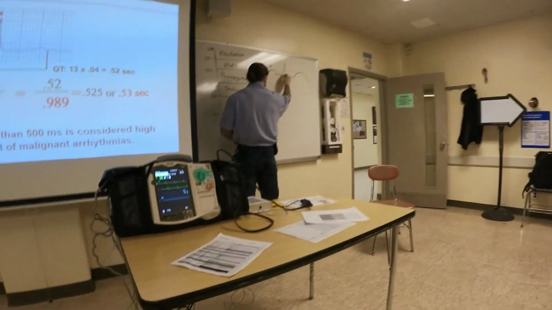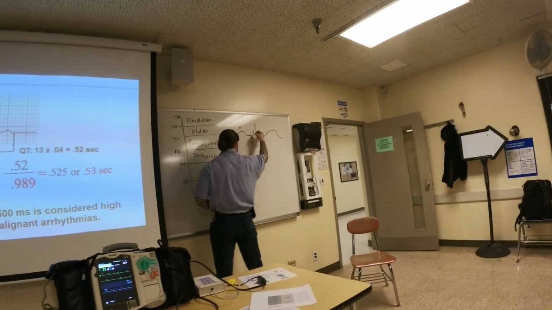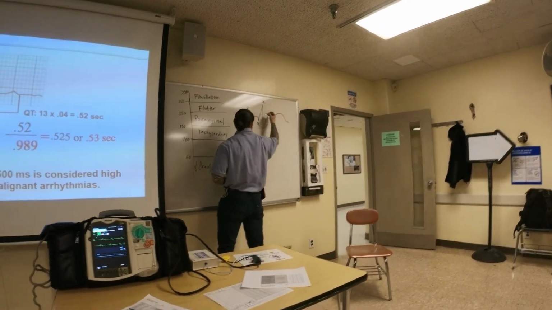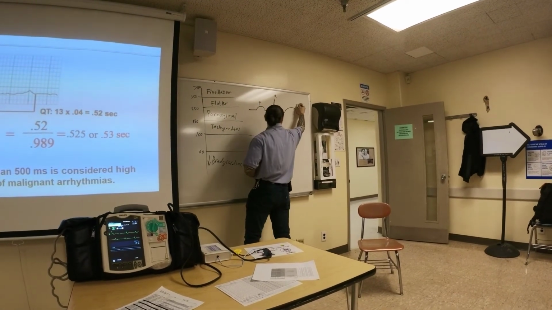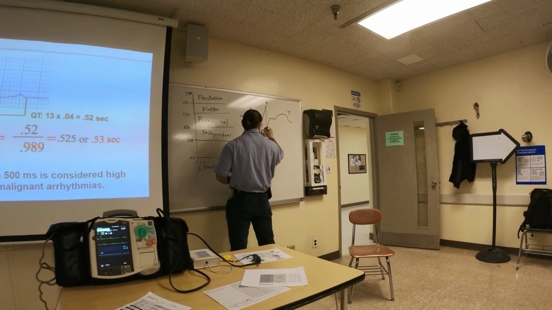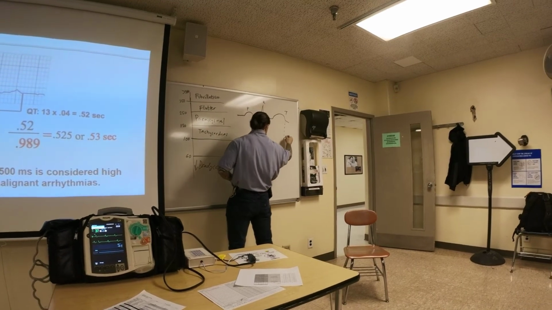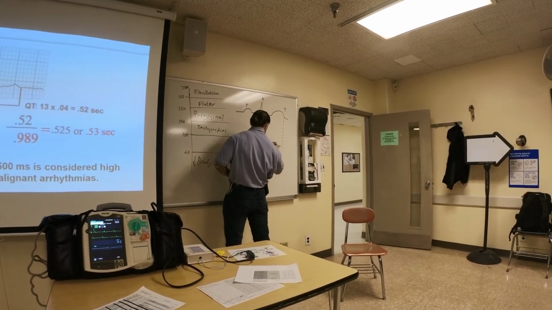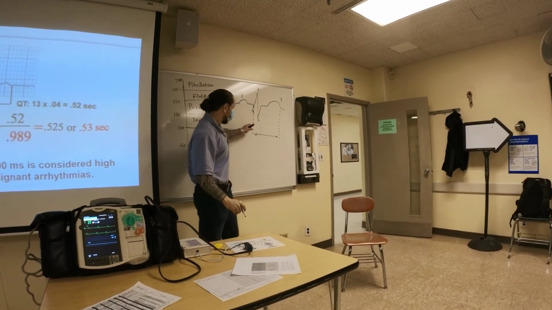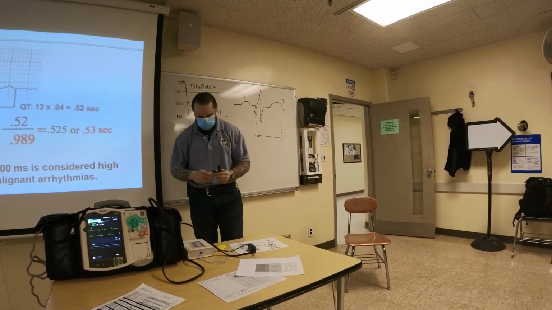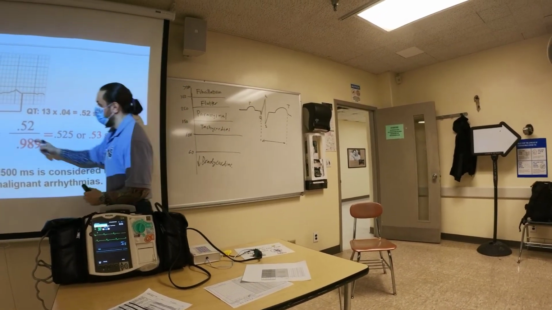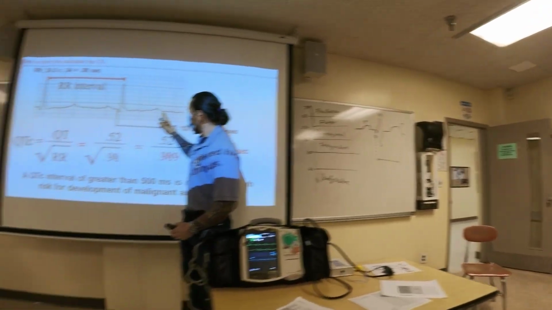The first downsloping is the Q, the positive is the R, this is the S, and this is the T. So they look from the Q to the T wave and count the distance there. You can see exactly what they did: the downsloping Q up until T.